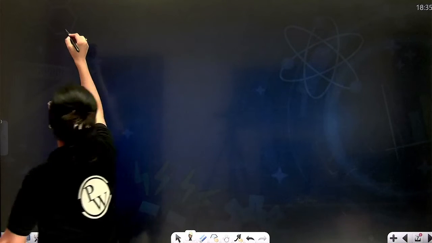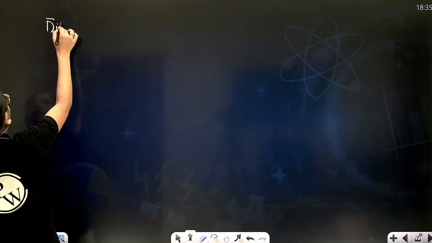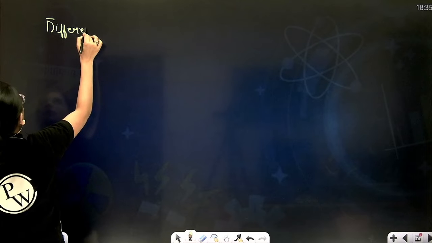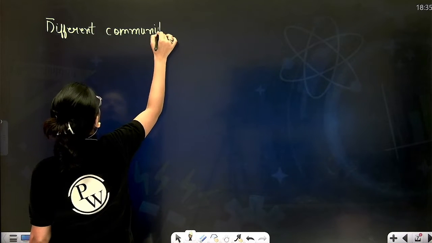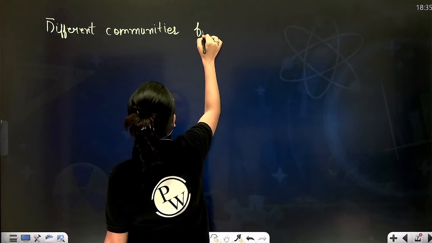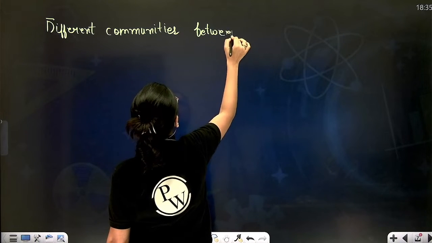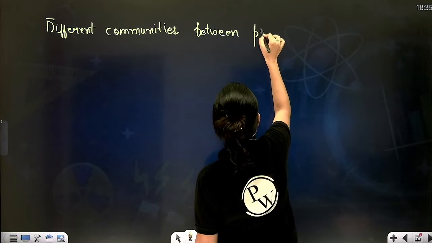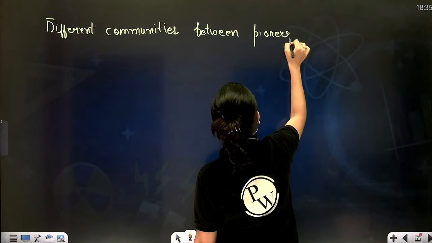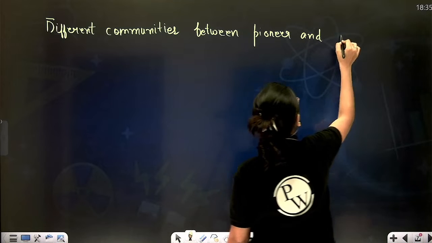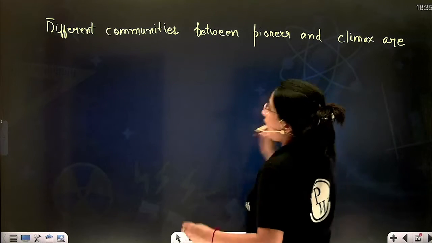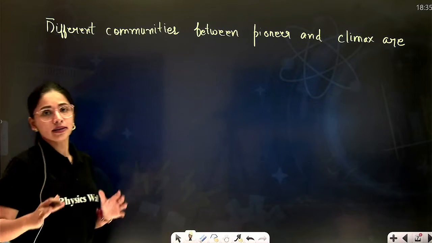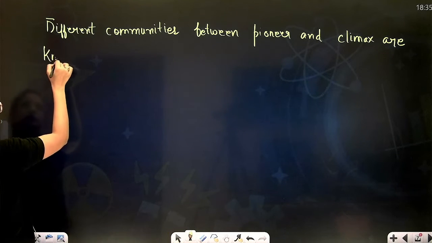So next an important point which we'll write is different communities between pioneer and climax are known as transitional communities.